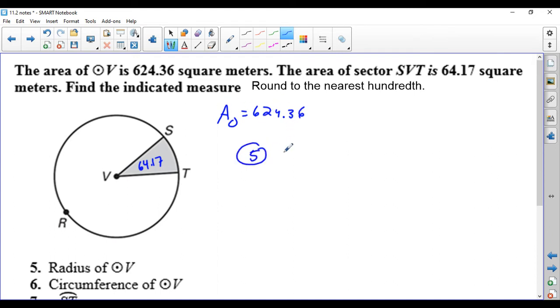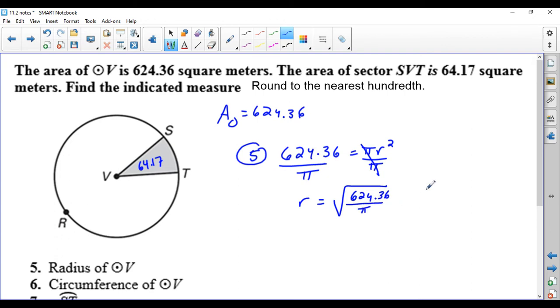Well, if we have the area of the circle, that's equal to pi r squared, so I can solve for radius. Divide by pi, and then take the square root of 624.36 over pi. And again, we're using our calculators to do all these calculations, and we get about 14.1 meters.